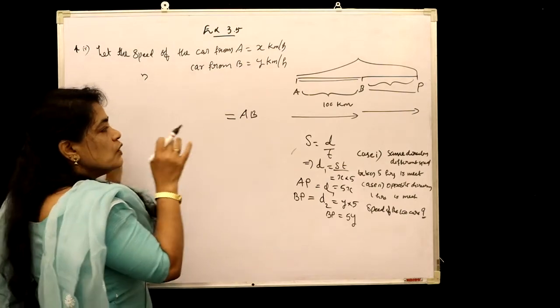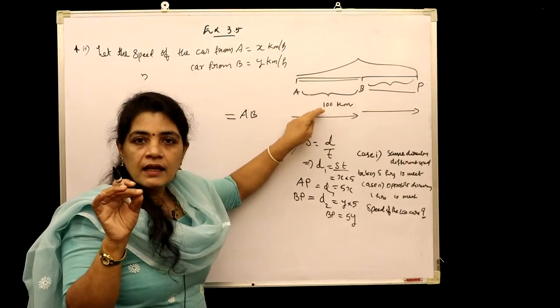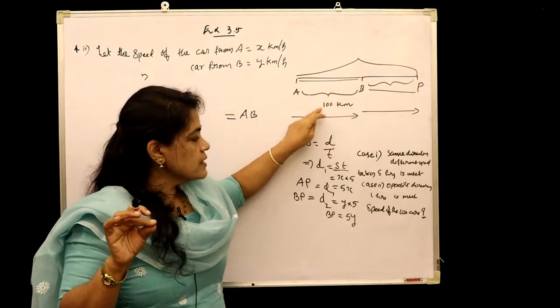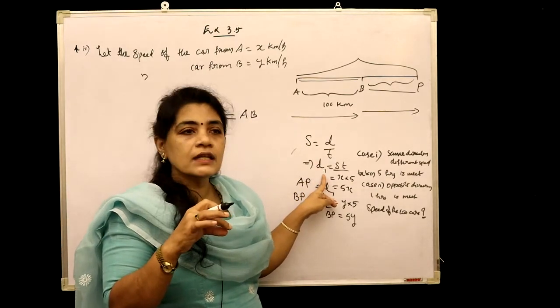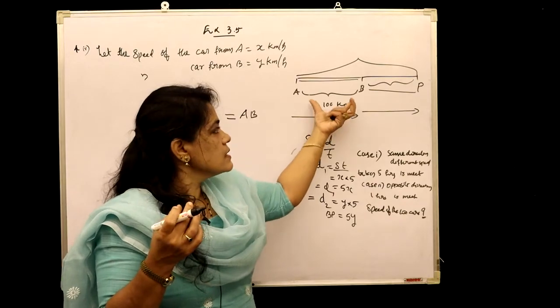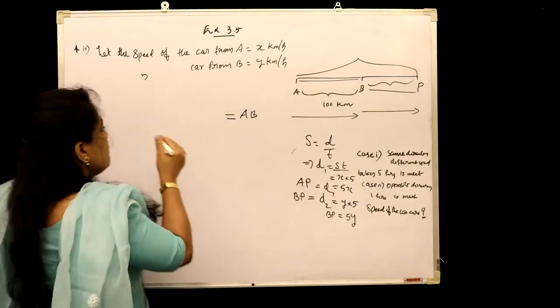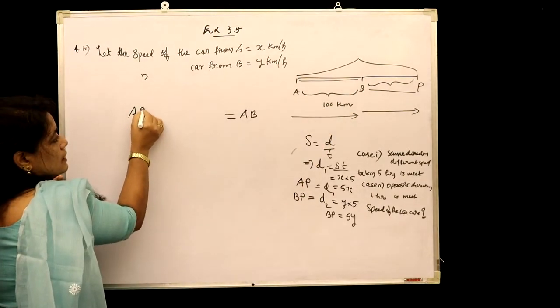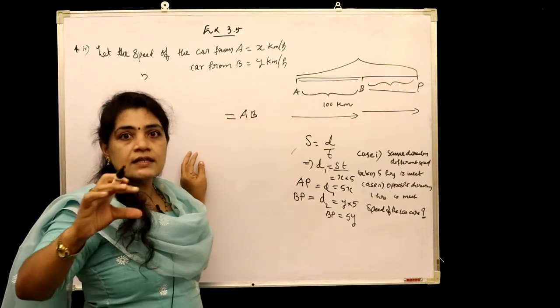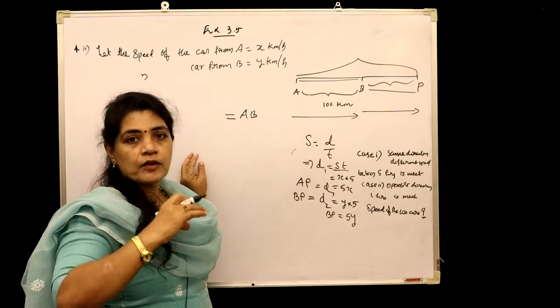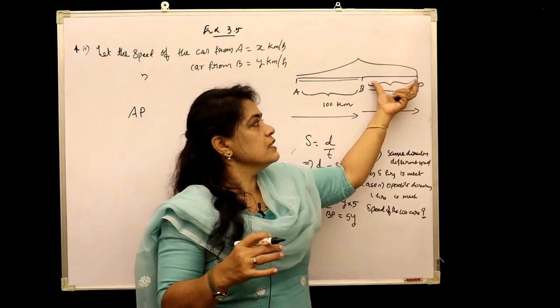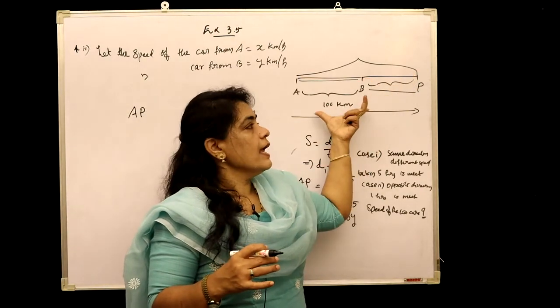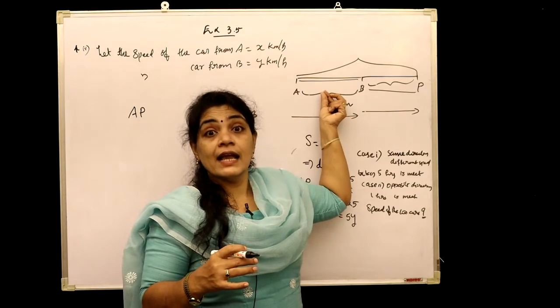In order to apply this 100, that is why I represented this equation with respect to distance, and hence we got this AB. AP is the longest distance travelled by the car from A, minus BP, this much distance from AP, you will get AB.